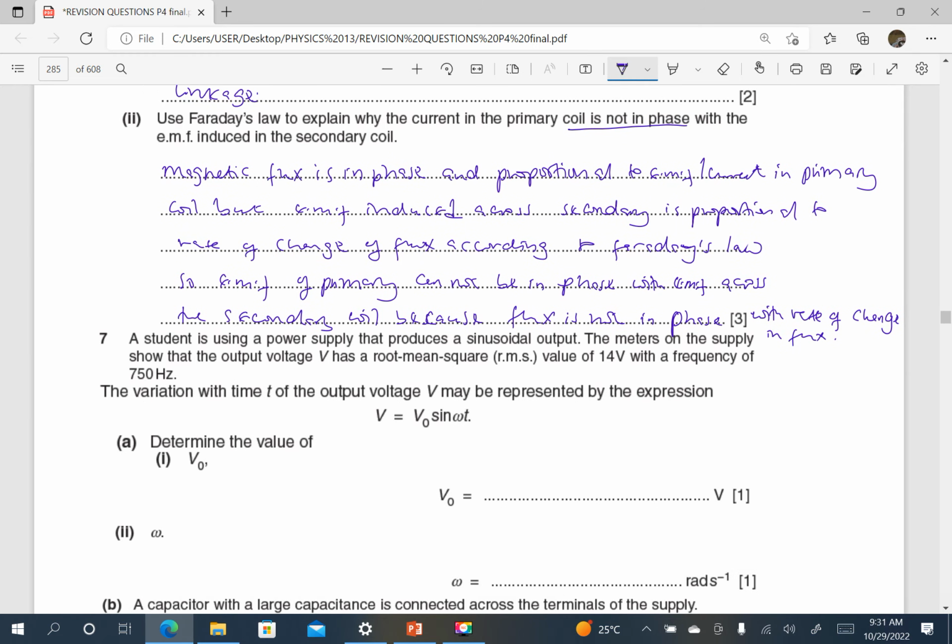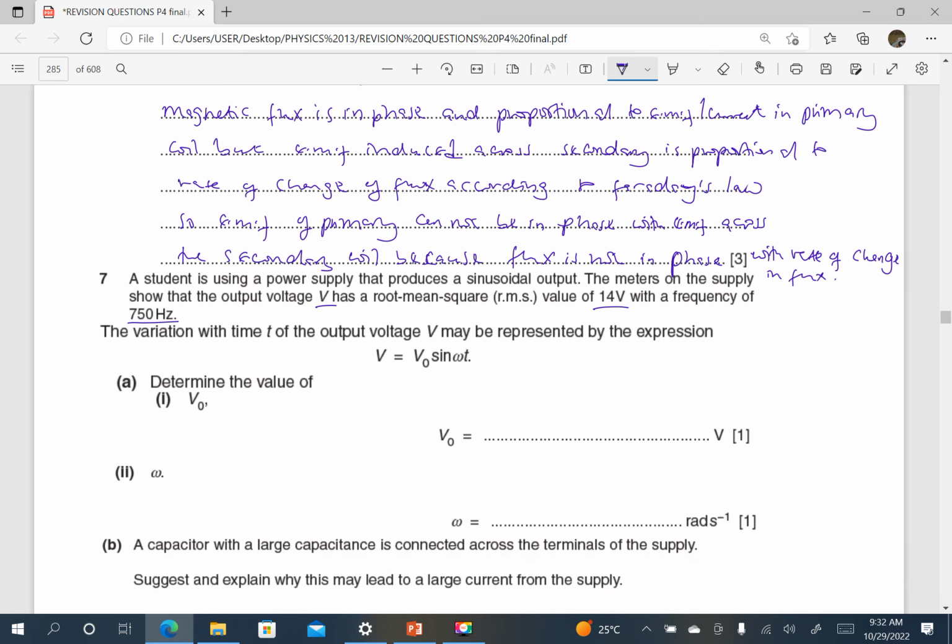Okay. A student is using a power supply that produces a sinusoidal output. The meters on the supply show that the output V has a root mean square value of 14 volts with a frequency of 750 Hz. The variation with time t of the output may be represented by that expression. Determine the value of V naught.